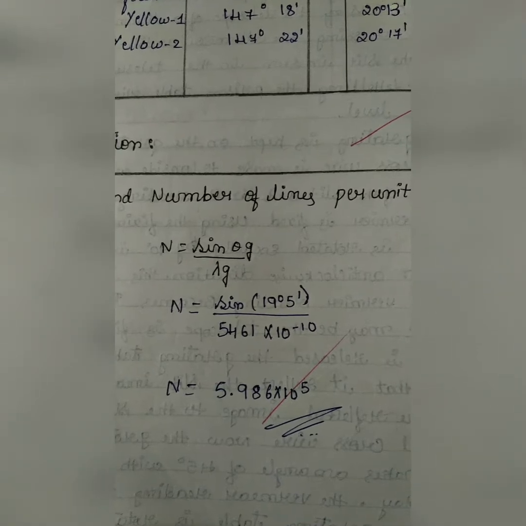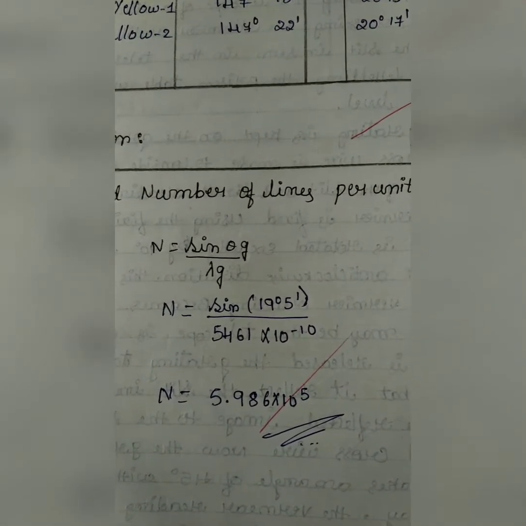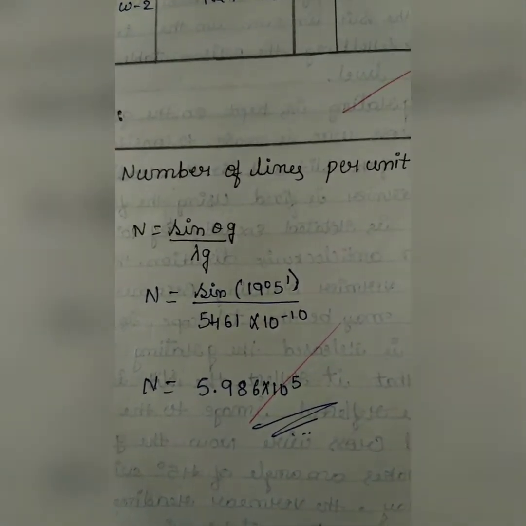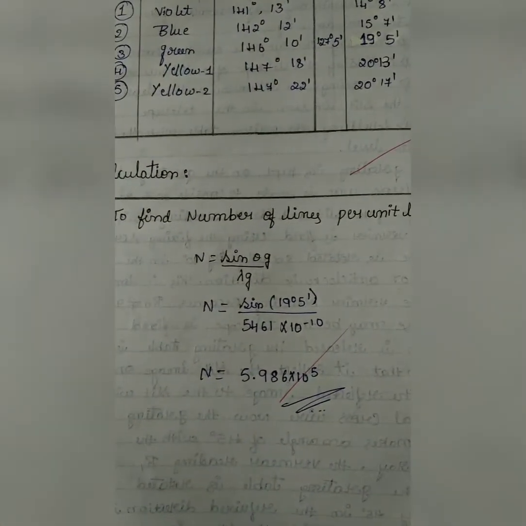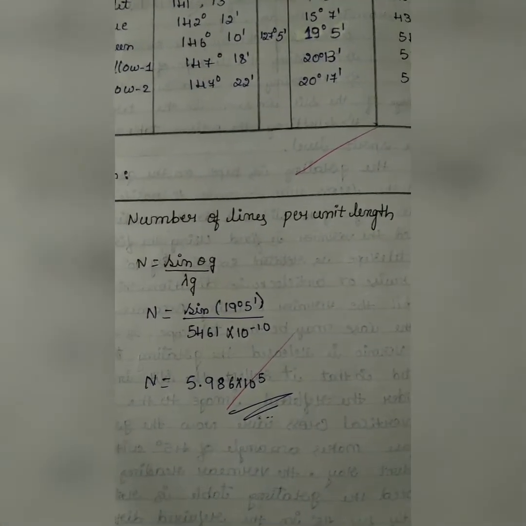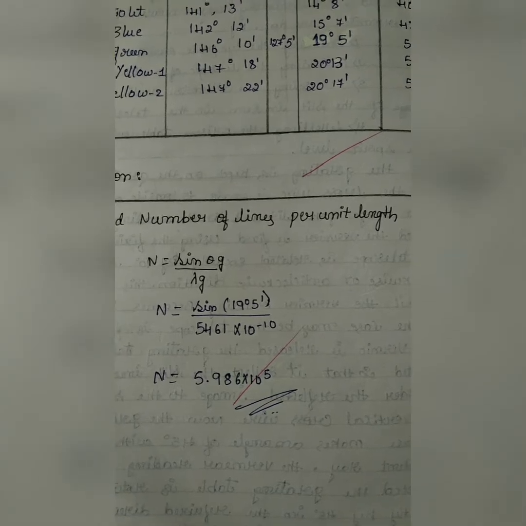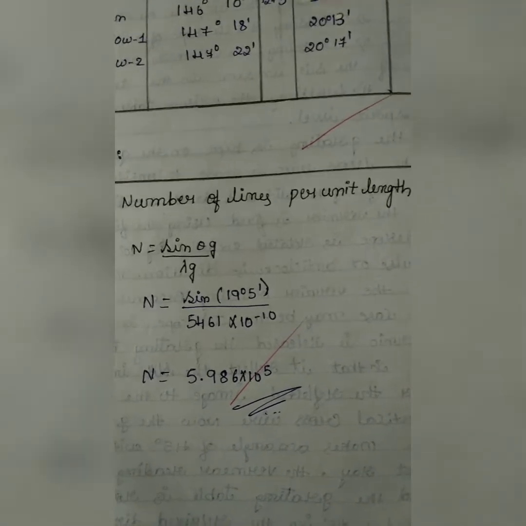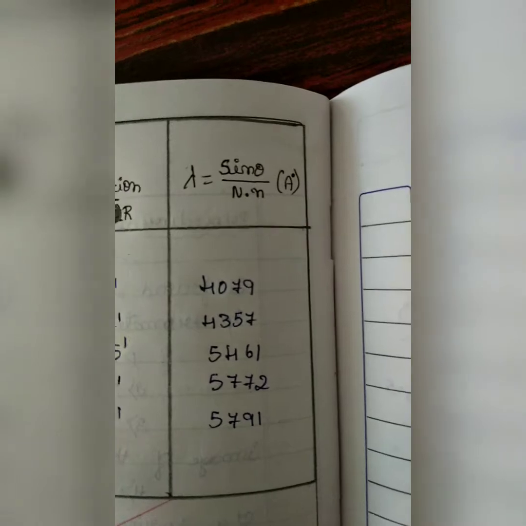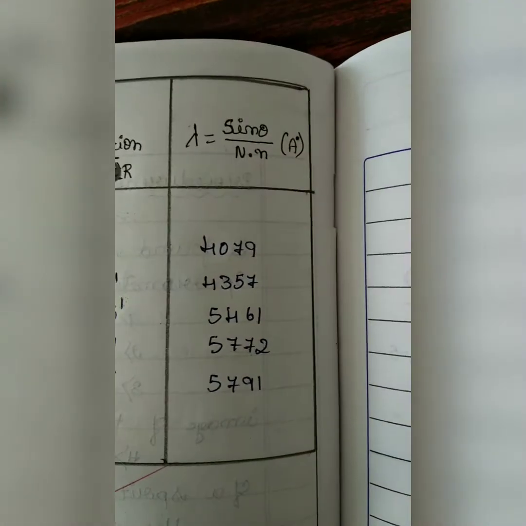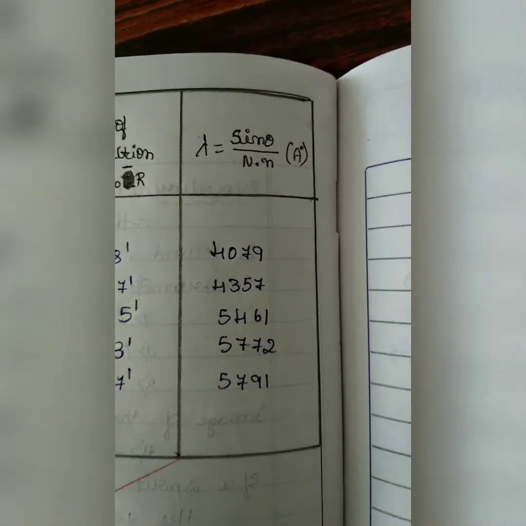Therefore we take the green color. After substituting the values we get N. N is the number of lines per unit length, that is, per 1 unit length how many lines are present. Then substitute in this equation and find the wavelength for the given spectral colors.